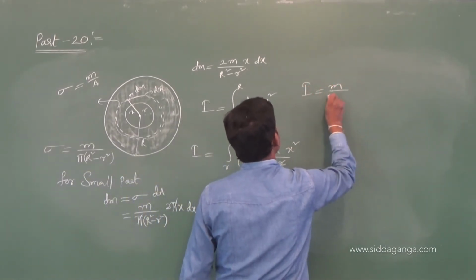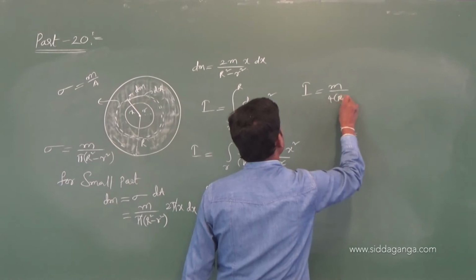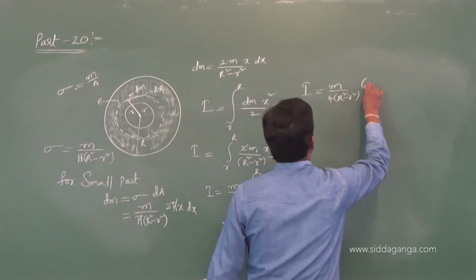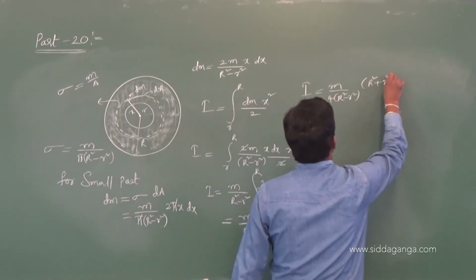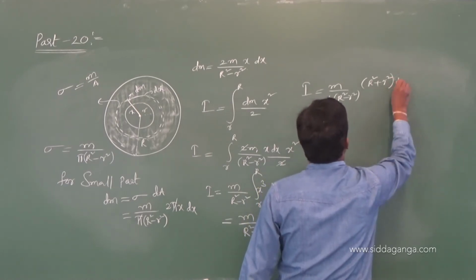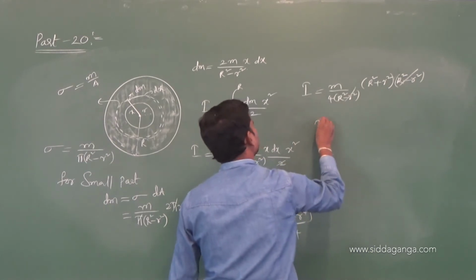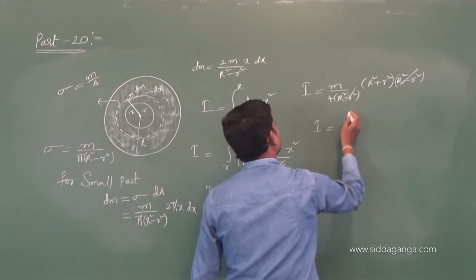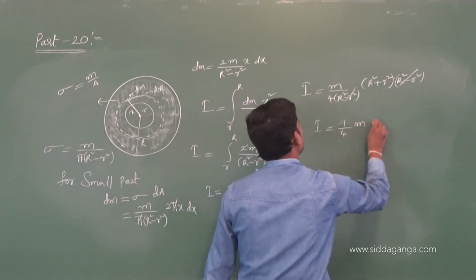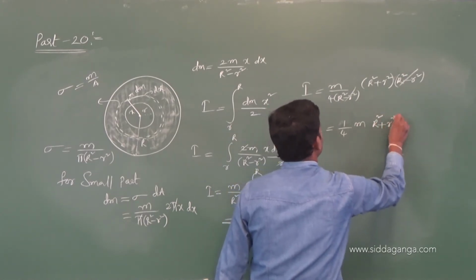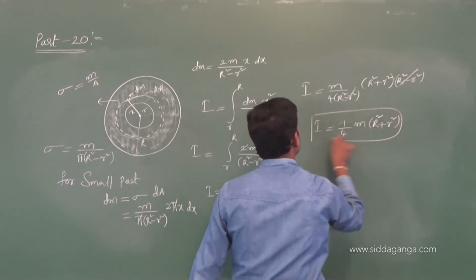M by 4 times of (R² − r²)(R² + r²), the R² − r² gets cancelled. So you will get 1 by 4 M (R² + r²). Check the calculation once again.